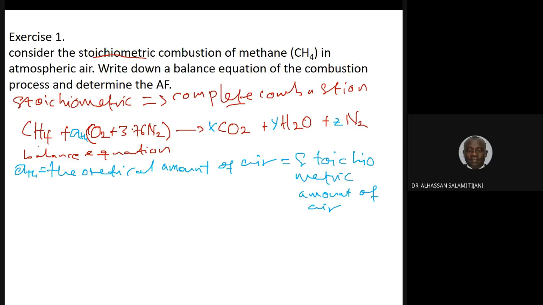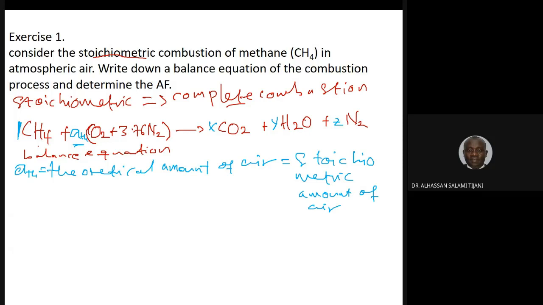One thing I need to inform you: for every combustion equation, we always assume that 1 kilomole of the fuel is reacting with a certain kilomole of air, which we have to find, and in the product, we have X kilomoles of carbon dioxide, Y kilomole of water, and Z kilomole of nitrogen. So we need to find these parameters.